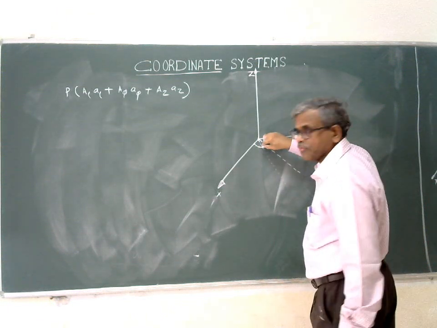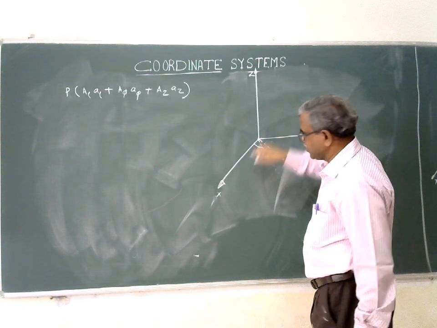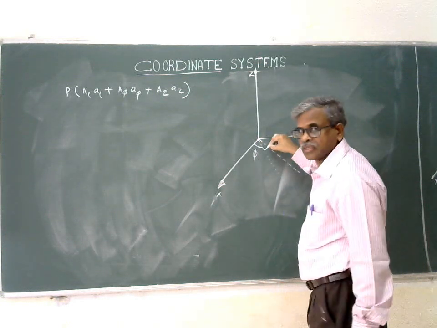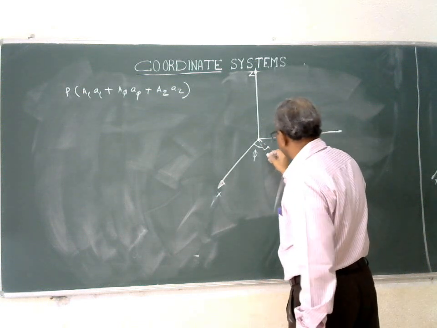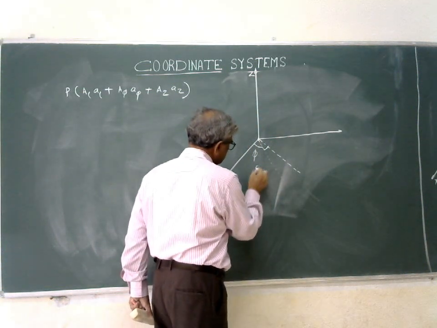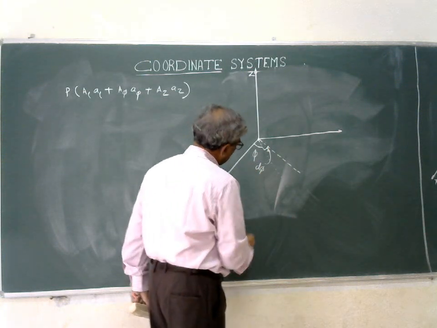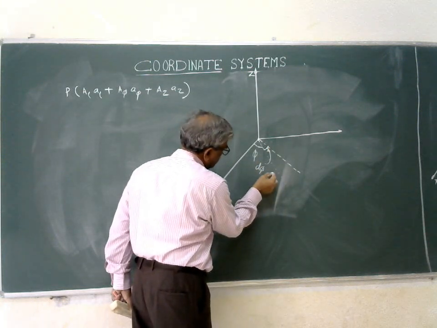This is phi, the angle made with the x-axis. This is the increment in the angle, d phi. And the distance is rho.